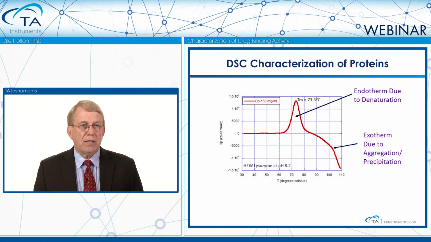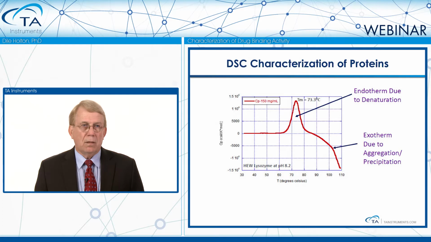But you also get, as you go higher and higher in temperature, up to about 80 to 85 degrees centigrade, an exothermic event due to the aggregation of the protein, and all of a sudden it drops off the curve dramatically as it aggregates in the cell.